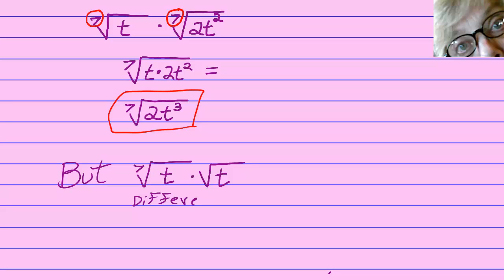The 7th root of t has index 7. The square root of t has invisible index 2. Let's change these to rational exponents. We'll have t to the 1/7 power times t to the 1/2 power.